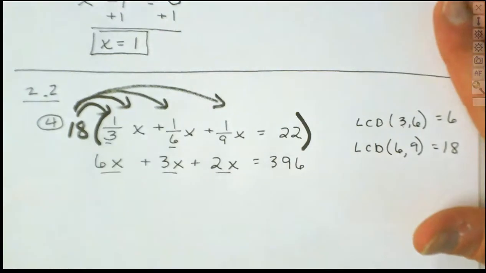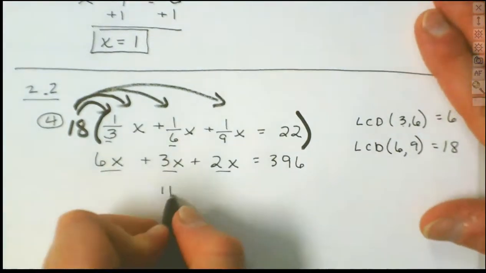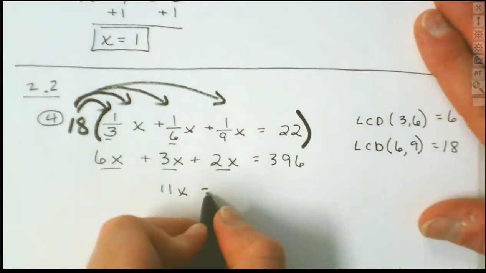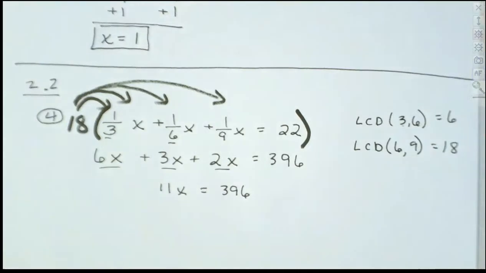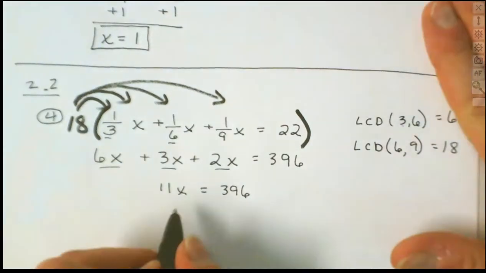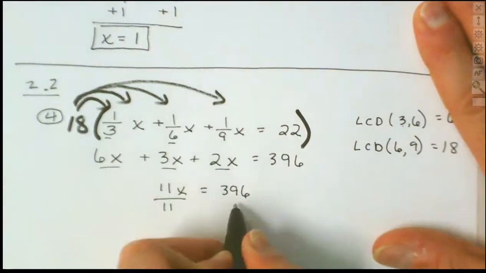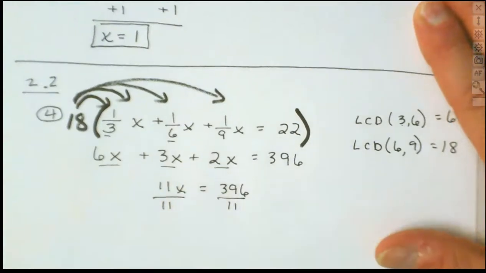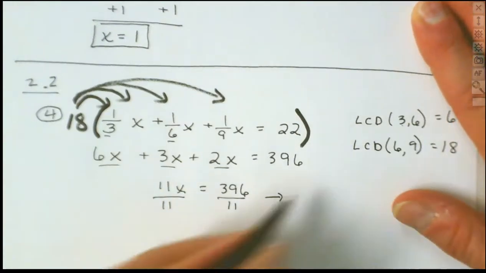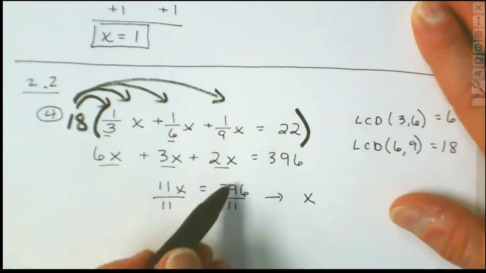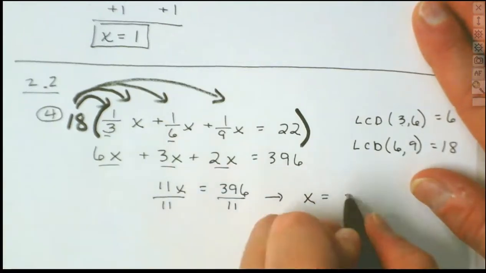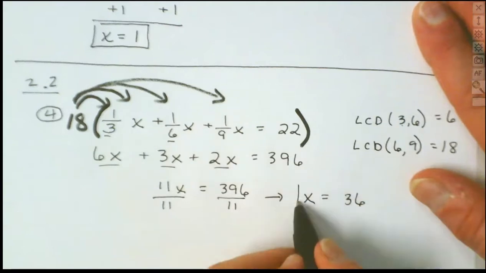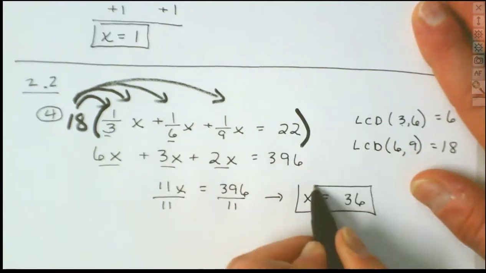We got 6 and 3, that makes it 9, plus 2 more makes it 11x, and that equals 396. Now we're going to divide both sides by 11, because that gets rid of it. And 396 divided by 11 comes out evenly to be 36.